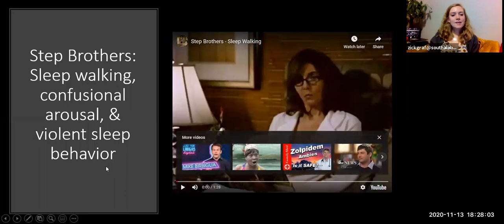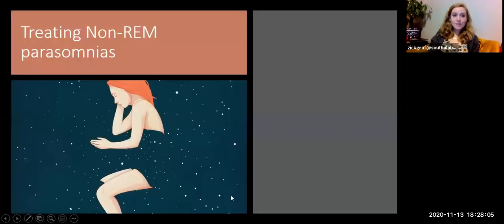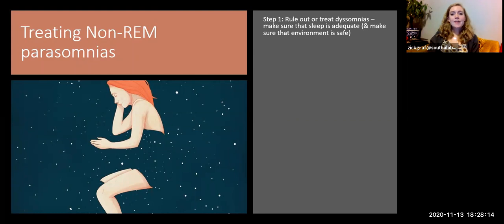Okay. So treating non-REM parasomnias, which can include sleepwalking, confusional arousals, and sometimes violent sleep behavior. Step one is to make sure that there's nothing else going on that's causing this. That usually involves ruling out or treating any dysomnia that's happening, because these disorders can often be caused by inadequate or fragmented sleep, and treating the cause of the inadequate sleep can sometimes take away the non-REM parasomnia.